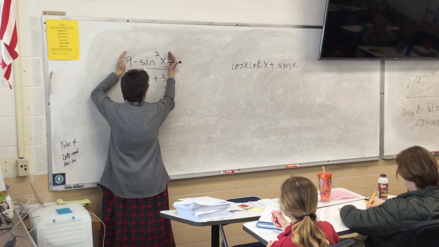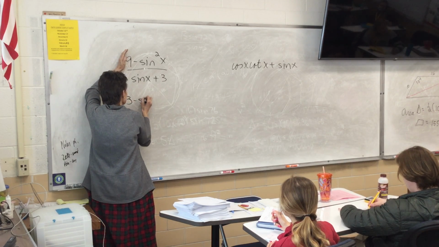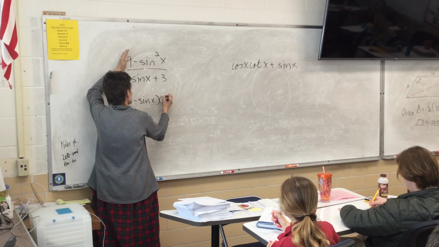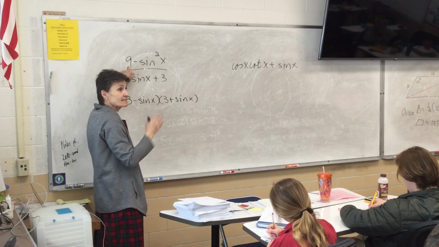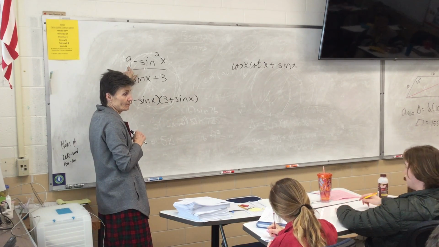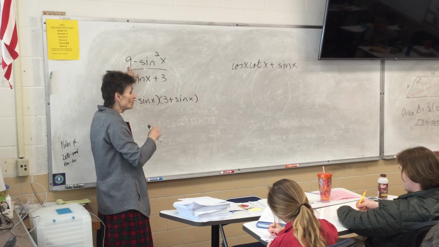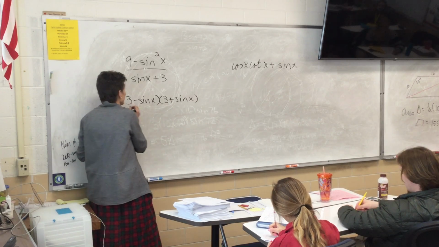But this guy as a whole is the difference of squares. So it's 3 minus sine, 3 plus sine. If this had been a 16, it would be 4 minus sine, 4 plus sine, right? If it's a 1, it would be 1 minus sine, 1 plus sine. It's the difference of squares.